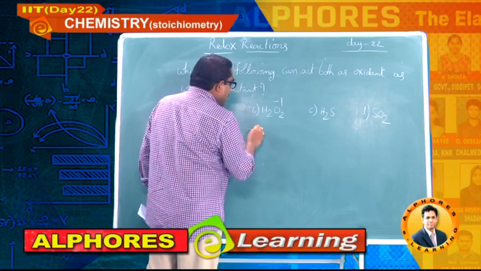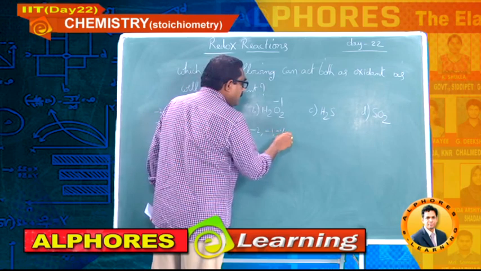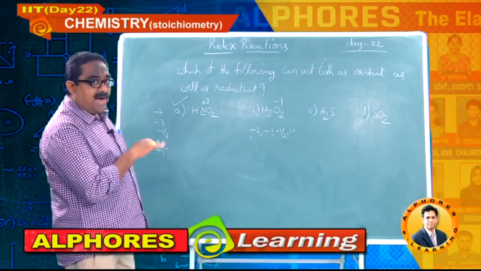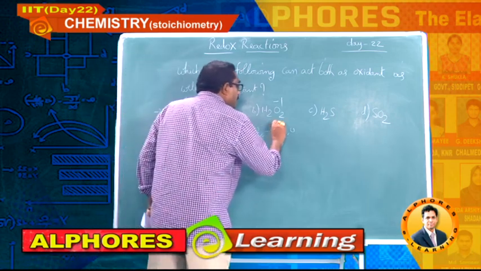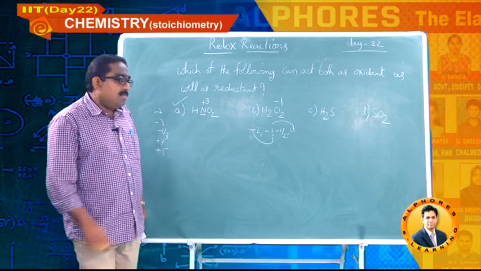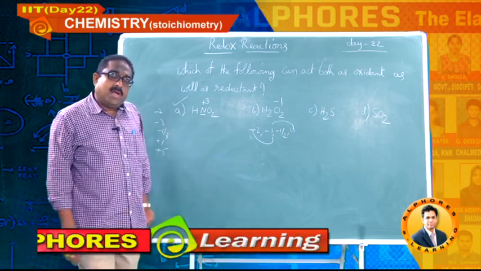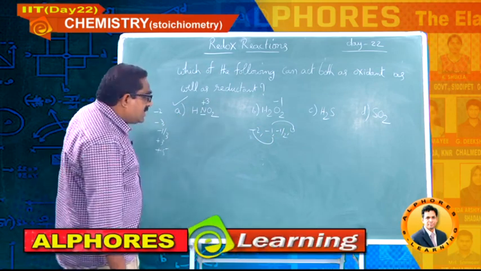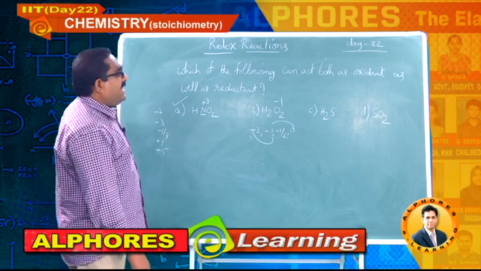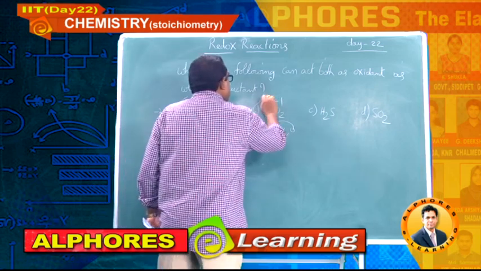So, you can write minus 2, minus 1, minus half, 0, but here it is present in minus 1. So, from minus 1 to 0 it can go, or from minus 1 to minus 2 it can go. Both the things are possible, both oxidation as well as reduction. So, that is why hydrogen peroxide can also act as both oxidant as well as reductant. This is also the answer.